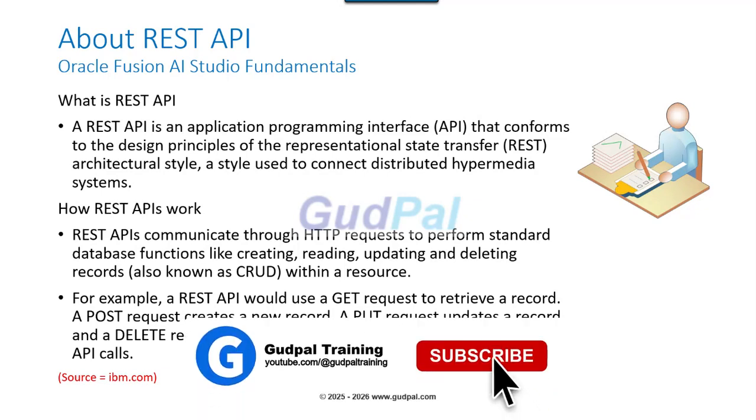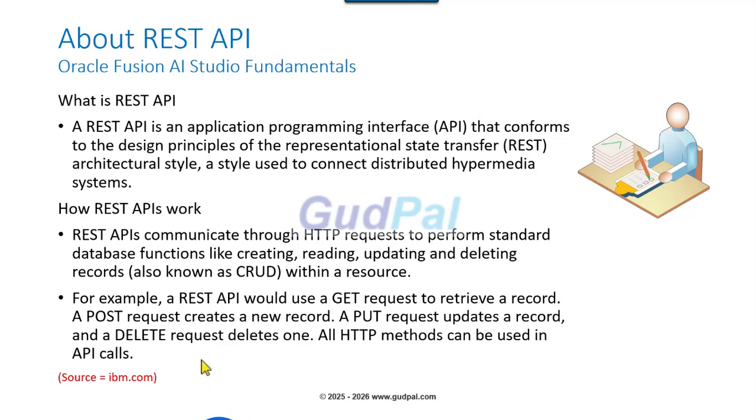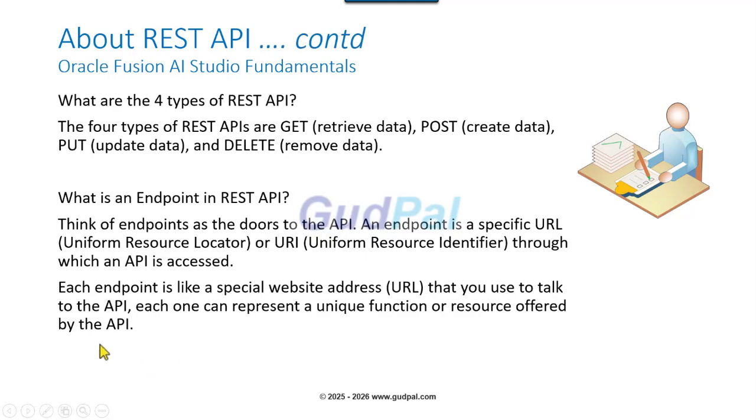I've been using this word endpoint here. So what exactly is an endpoint and what does it do? You can think of an endpoint in a REST API as a door to the API. An endpoint is specific to a URL, which is a uniform resource locator, or a URI, a uniform resource identifier, through which the API is accessed.